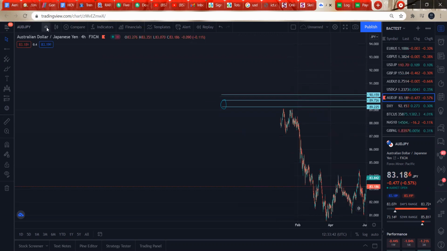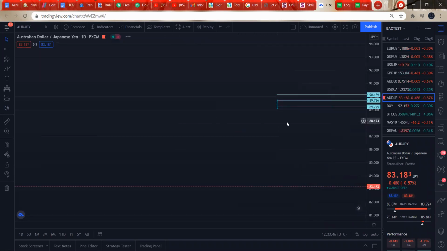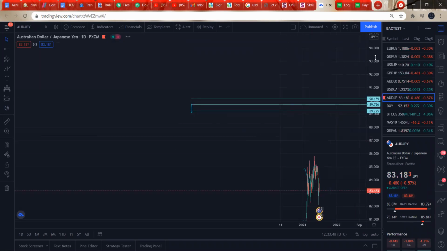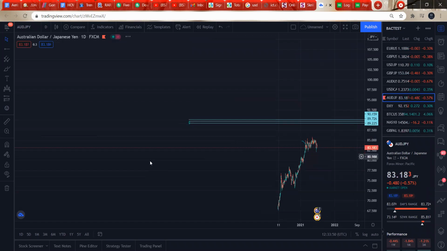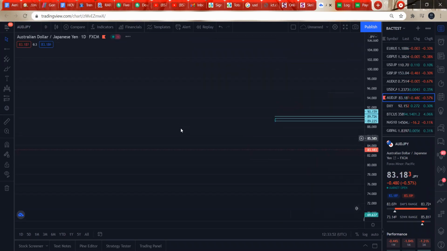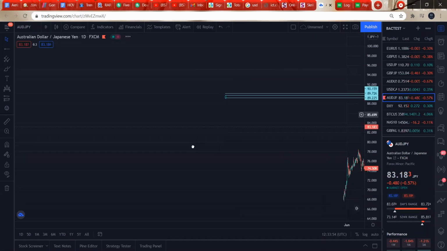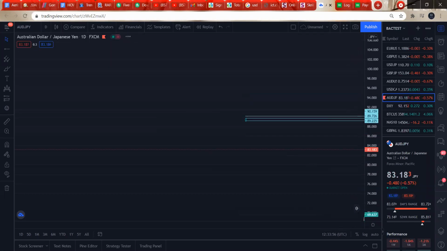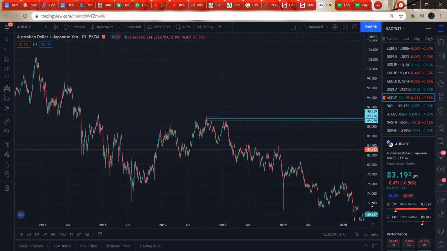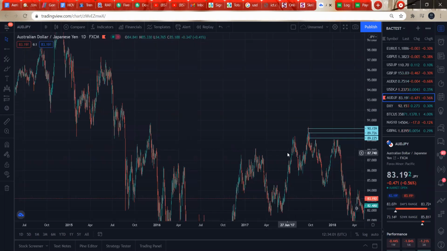Okay, no problem. Either way, we will use it. We'll get to see it when we go to the actual strategy, how to use these order blocks.